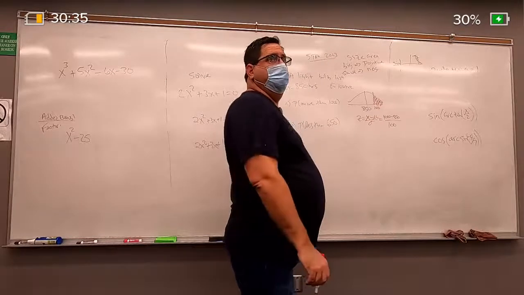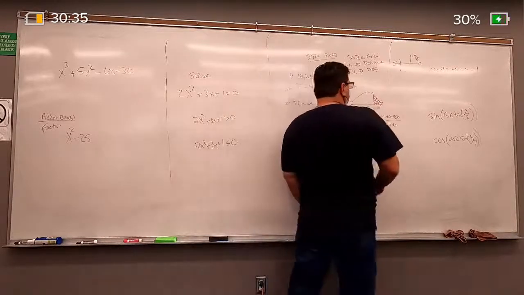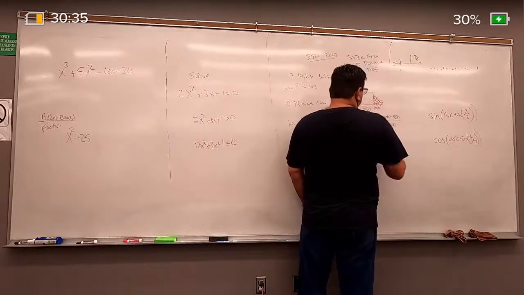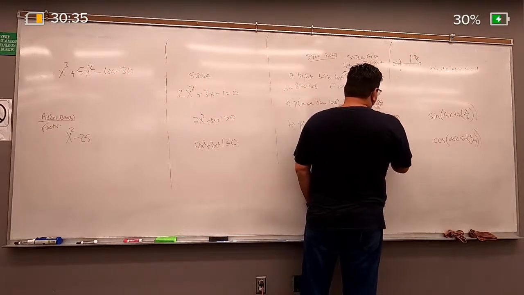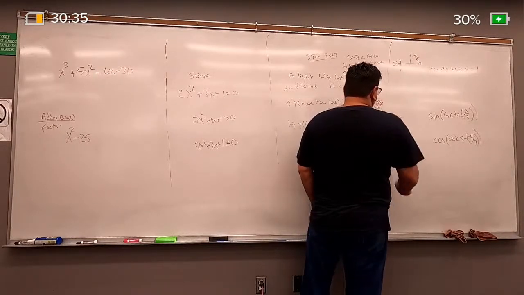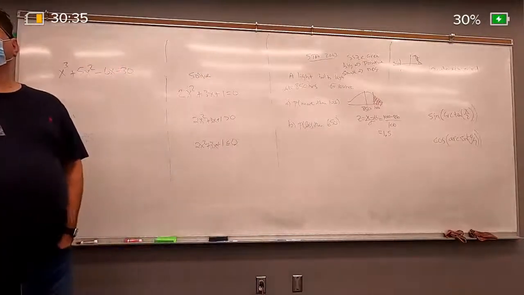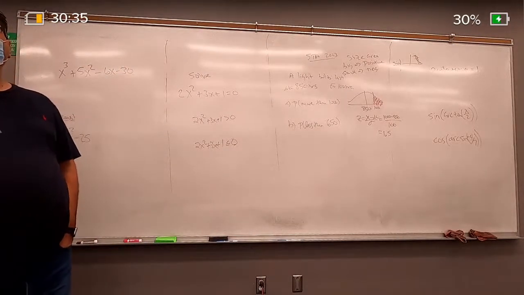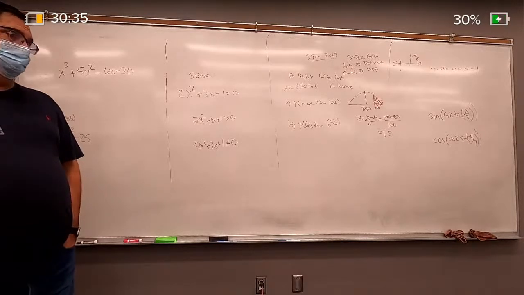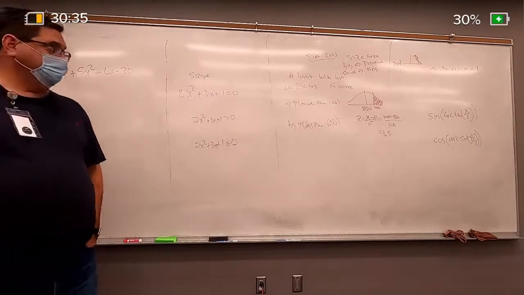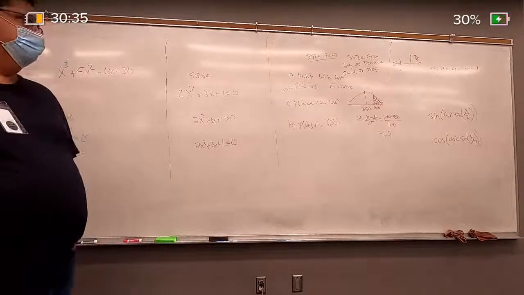Now, 1,000 minus 850 is 150. 150 divided by 100 is 1.5. All right. We good? So far, so good. Okay. Now, after that.